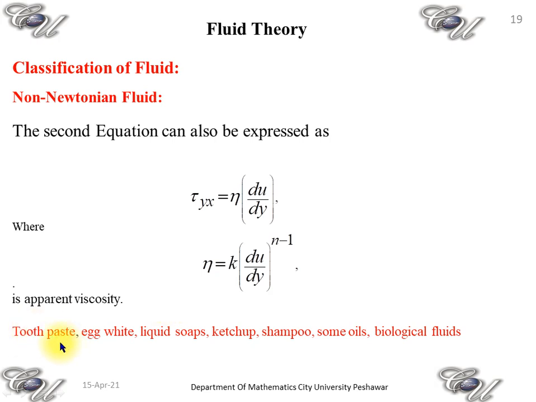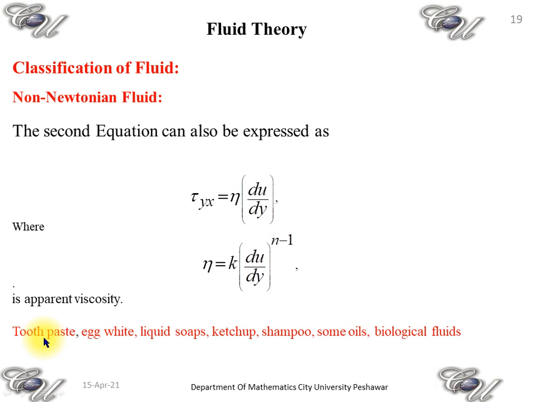For example, in toothpaste, if you apply stress, its viscosity decreases. When you apply stress with your finger, the paste goes out of the tube because its viscosity is reduced. That's why it starts motion.